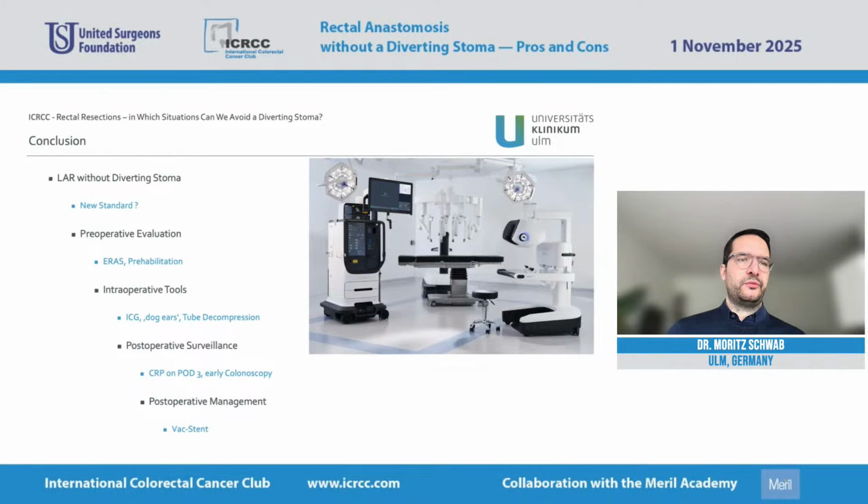So we don't do an LER without a diverting stoma on these patients, but our standard procedure is without a diverting stoma. But it's very important to have a preparation of the patient with our initiated ERAS program and sometimes prehabilitation of the patients.